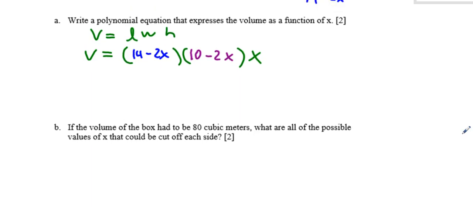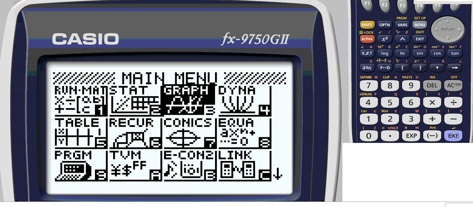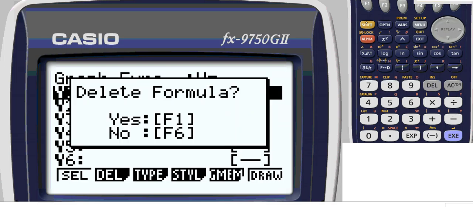If the volume of the box had to be 80 cubic meters, what are all the possible values of X that could be cut off from each side? So we're going to take this equation, set it equal to 80, and do that with our calculator. We're going to go to our graph and type it in.